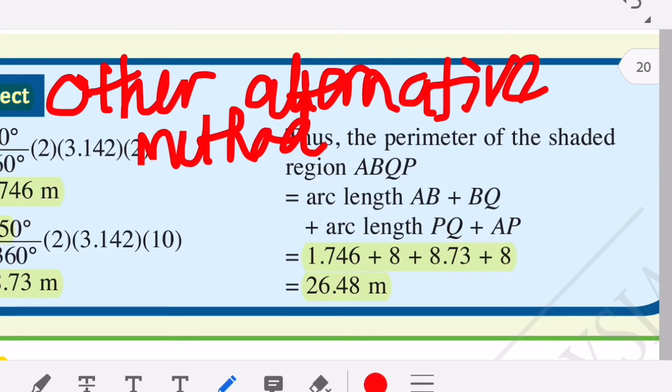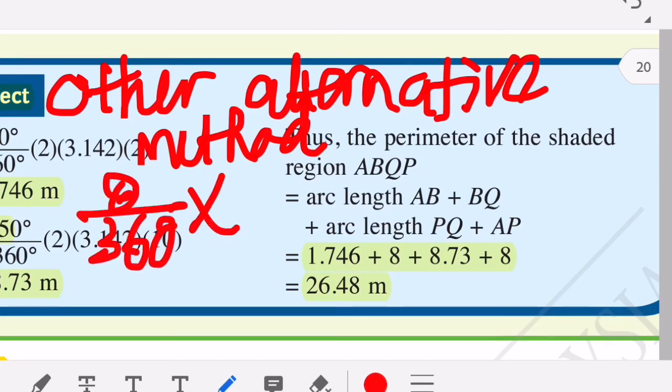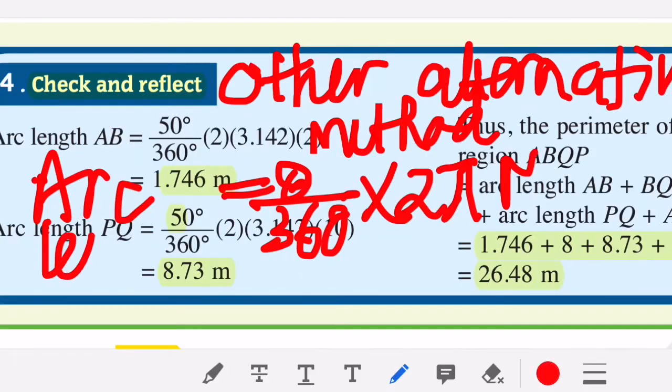So like here we use the maths method. We use theta over 360 times 2 times pi times radius for the circumference, for the arc length of the circumference, that we learned in mathematics. So we check, we get the same answer. So it seems like we have checked the answer, so for sure you will get the right answer.